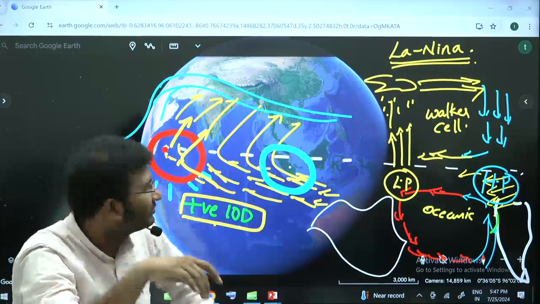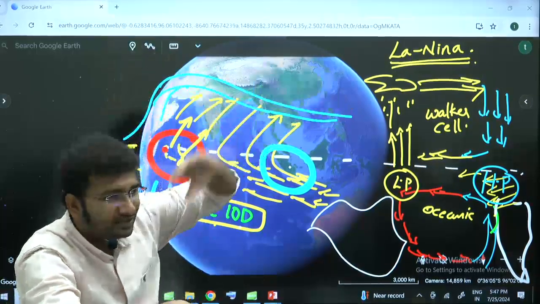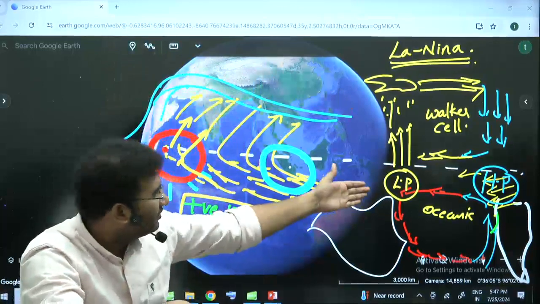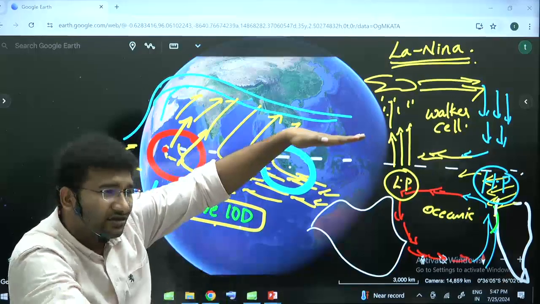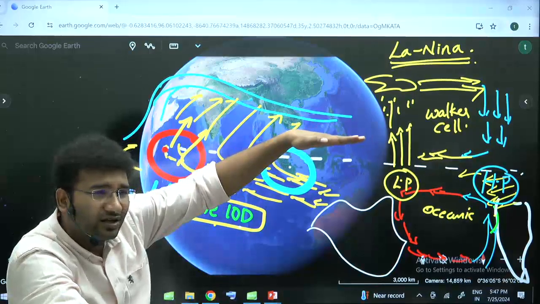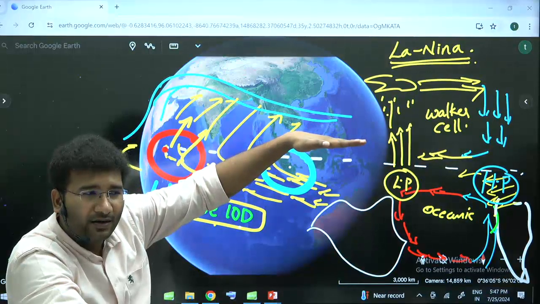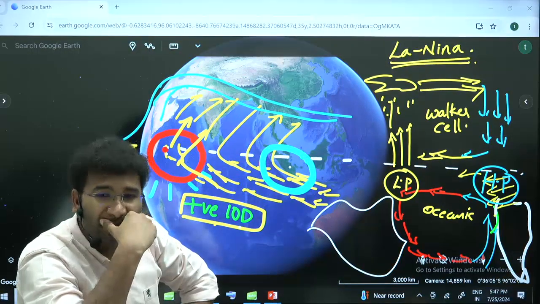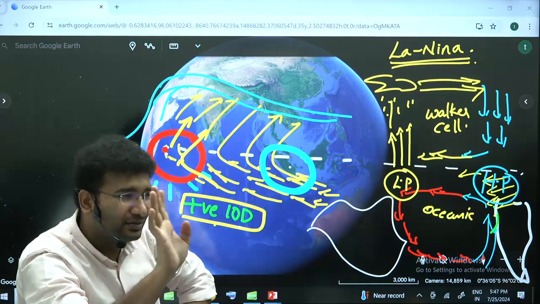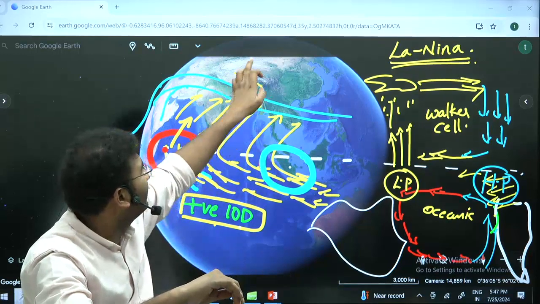Now just imagine, there is a jet stream which is moving. Here, earlier the direction of the winds is in this direction, but at the ground, instead of low pressure, you got high pressure. Don't you think it is going to get impacted? Like in Tibet, do you remember, this is Tibet.